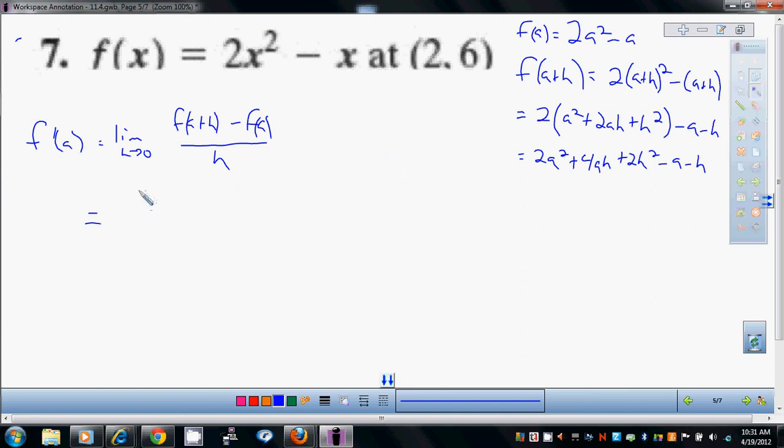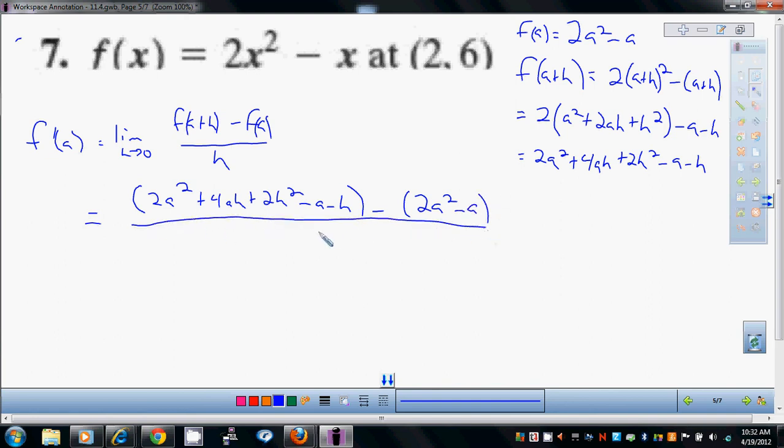Okay. Here we go. Now we're going to start plugging it in. F of a plus h, I'm going to plug it in. Now I'm going to subtract f of a, all over h.